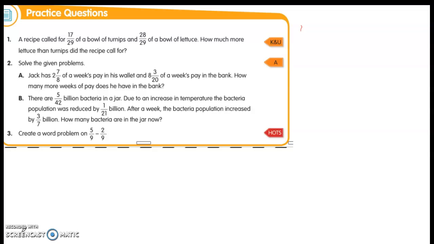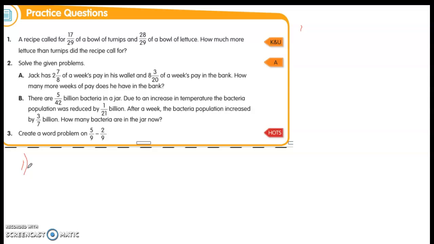Okay, for number 1, we have a recipe that called for 17 over 29 of a bowl of turnips and 28 over 29 of a bowl of lettuce. How much more lettuce than turnips did the recipe call for?